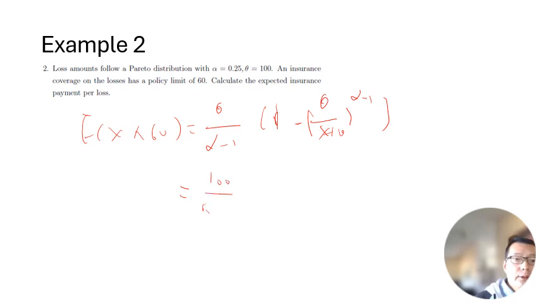So we just put it in, and then you get the result. Theta is 100. Alpha is 0.25. And the answer is 56.35.